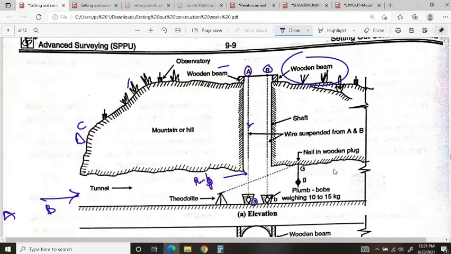After getting these points, we'll go on carrying the other points with reference to these points. Here we will provide one plumb bob, so it will touch the ground. So we will get say points C, D, E, F, G, H, like this. So the alignment is done.